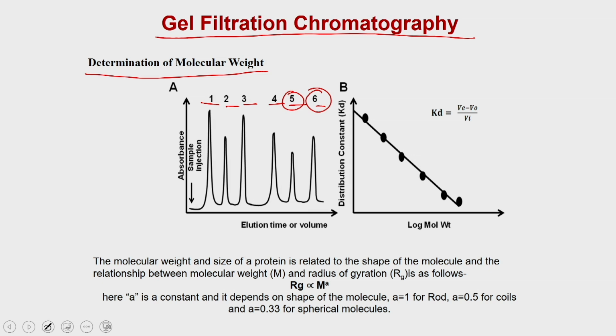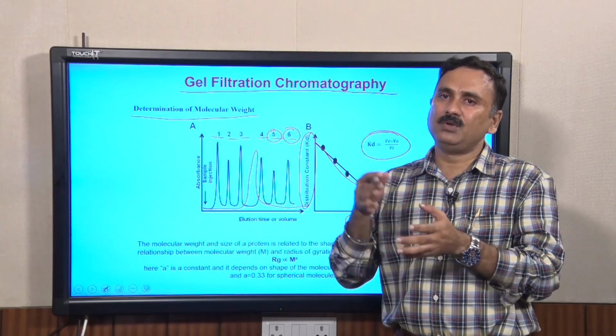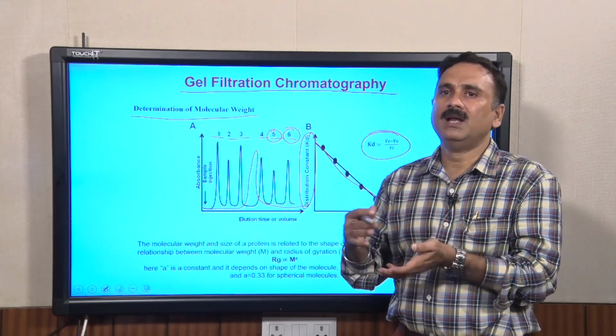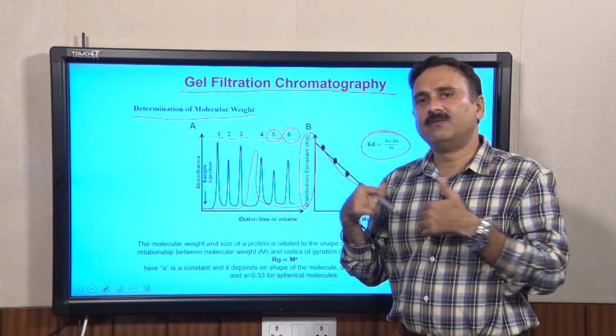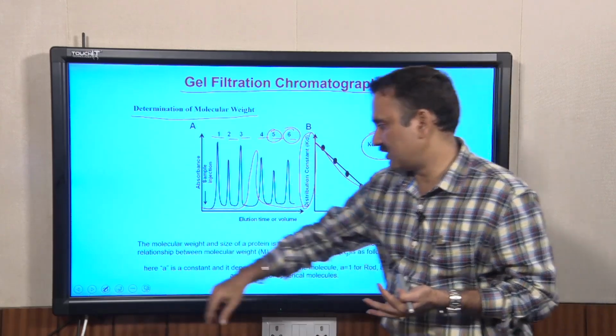Taking the elution volume and the molecular weight, you calculate the distribution coefficient, and then you plot the distribution coefficient against the log molecular weight, and that gives you a calibration curve. Then you do exactly the same exercise for your unknown protein, calculate its distribution coefficient, and using this calibration curve you can calculate the native molecular weight using gel filtration chromatography.